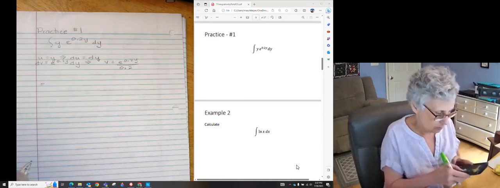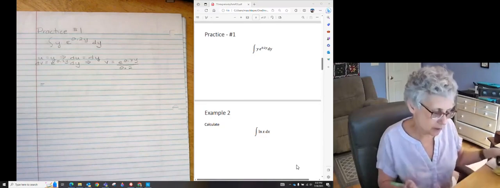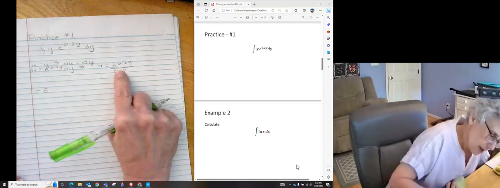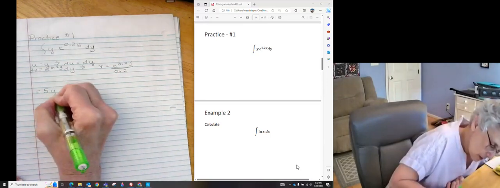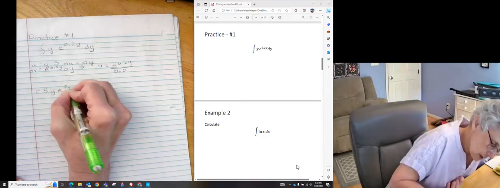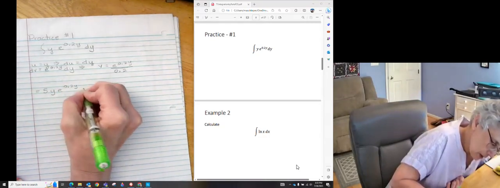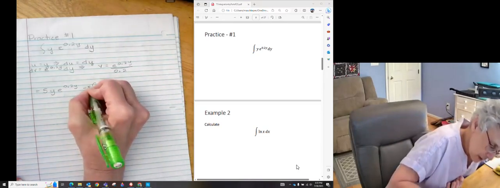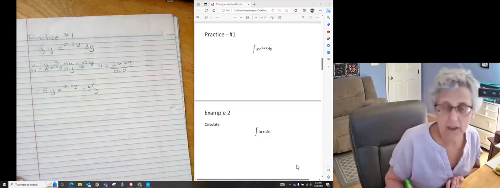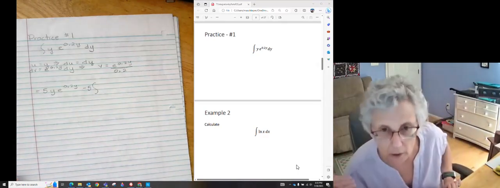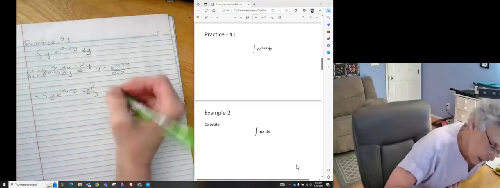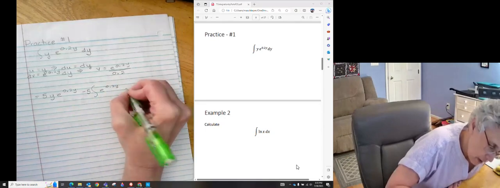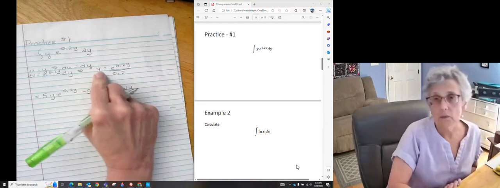1 over 0.2, that's just 5. Yeah, I should know that. So 5 times y times e to the 0.2y minus the integral of v. So again, I'm going to stick a 5 there instead of 1 over 0.2, e to the 0.2y dy.